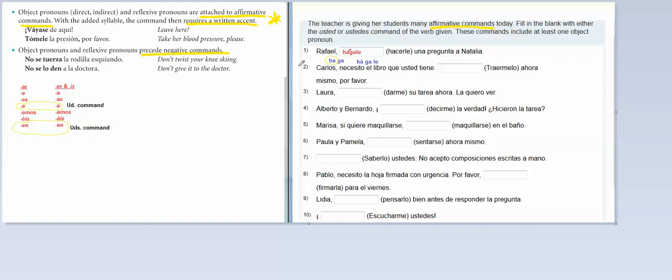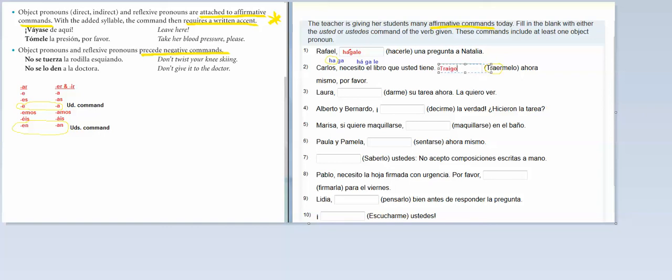So here, Carlos, necesito el libro que usted tiene. Again, we want Carlos to bring it to me, please. So the verb that I'm dealing with is traer. I want to conjugate that into the yo form first, which is traigo.